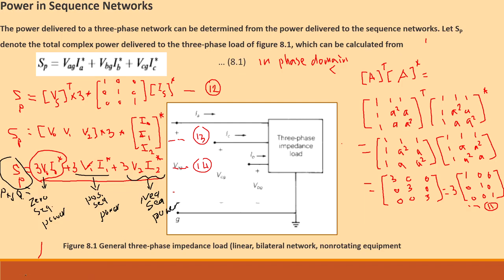We also can rewrite equation number 14 as follows: S of three-phase, the apparent power, is equal to S naught plus S1 plus S2. This is the power for the zero sequence network, and this is the power for the positive sequence network, and the third term is the negative sequence network.